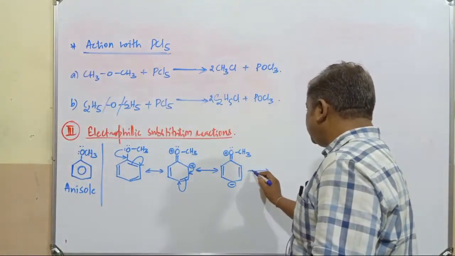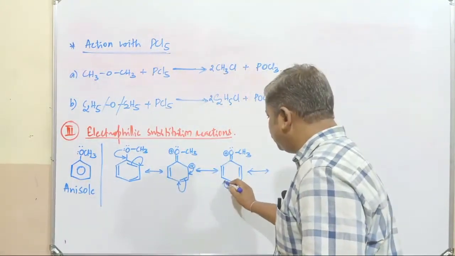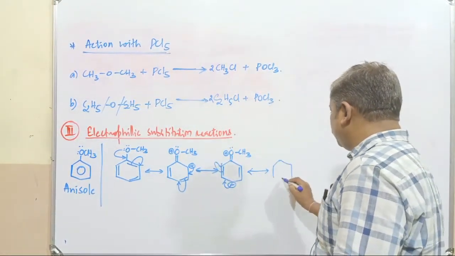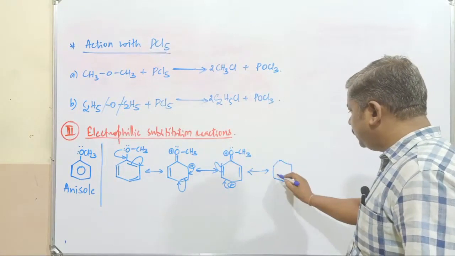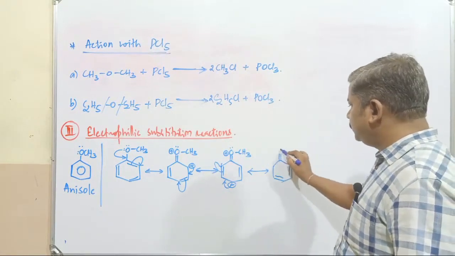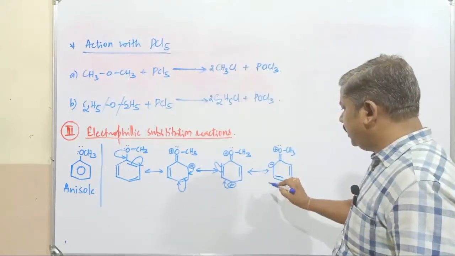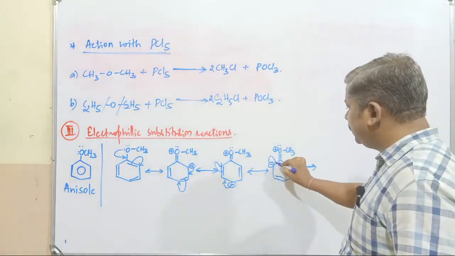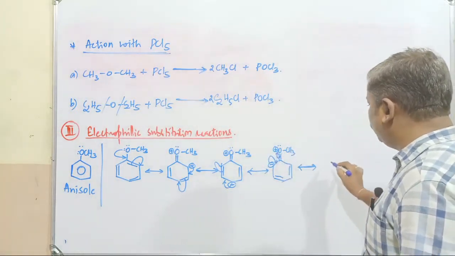In the next resonating structure, a double bond forms, and this increases electron density. So the next resonating structure has a double bond here, OCH3 with lone pair and positive charge, and a negative charge here. In the next resonating structure, this is increasing electron density, and this one forms a lone pair.